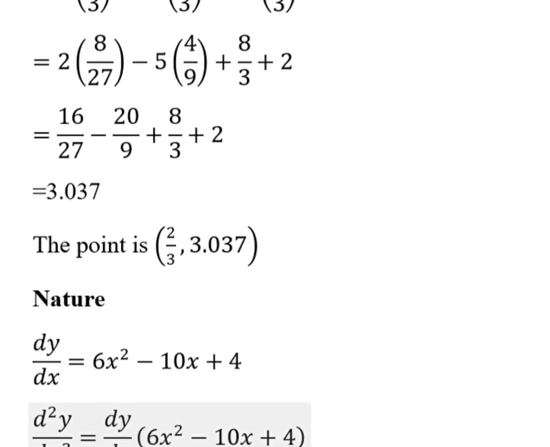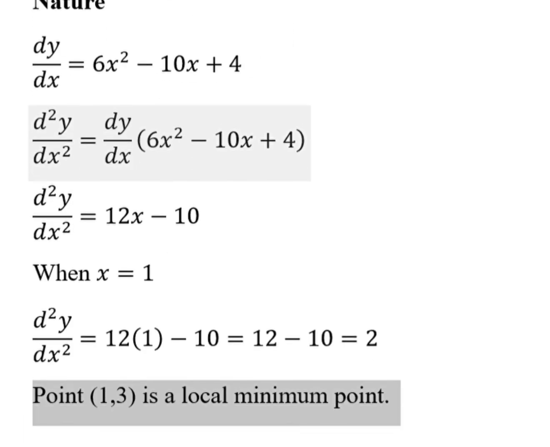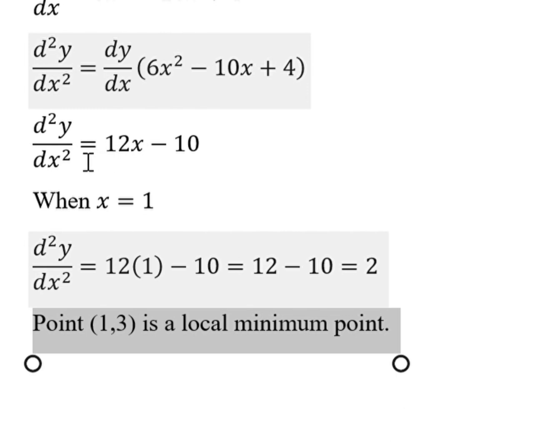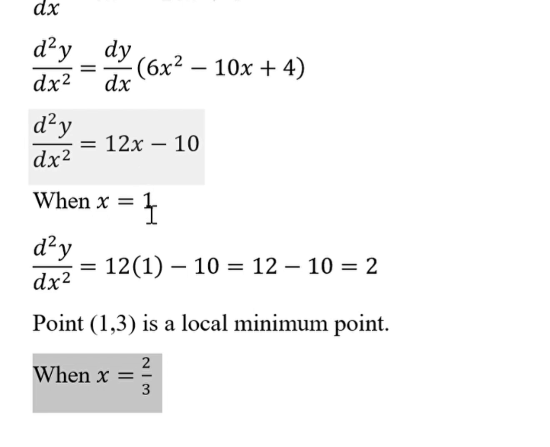Then we come to the second point we had. The second point is this one. The x coordinate is 2 over 3. Substitute it here also and get the value. So when x is 2 over 3, we shall have d squared y over dx squared being equal to 12 into 2/3 minus 10.